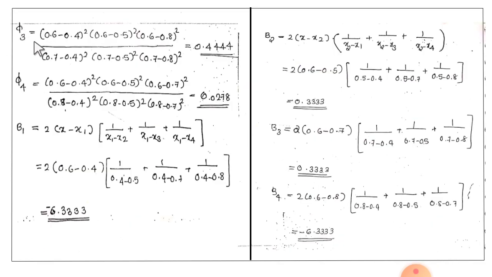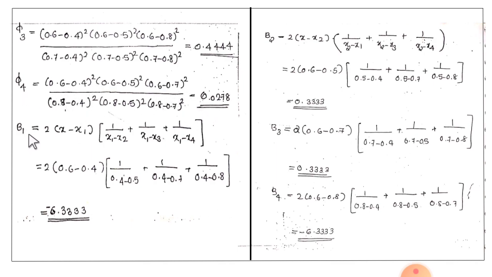Again phi 3. For finding phi 3, the equation will be (x minus x1) whole square into (x minus x2) whole square into (x minus x4) whole square divided by (x3 minus x1) whole square into (x3 minus x2) whole square into (x3 minus x4) whole square. So find the value. Similarly, you can find the value for phi 4 also.